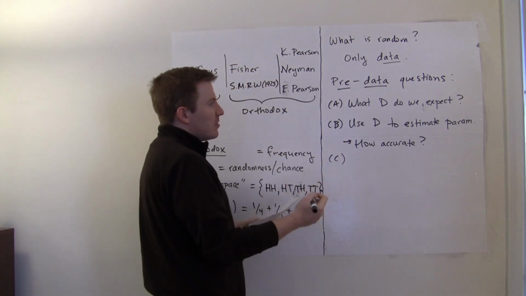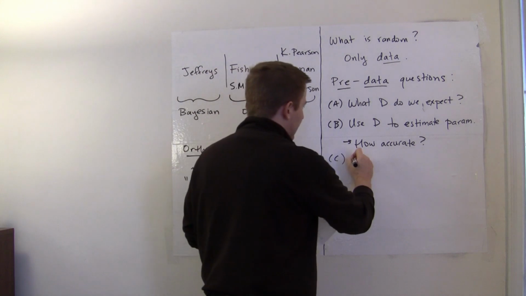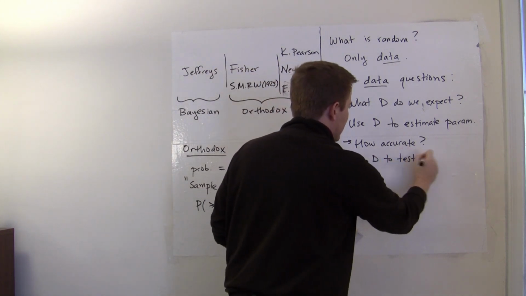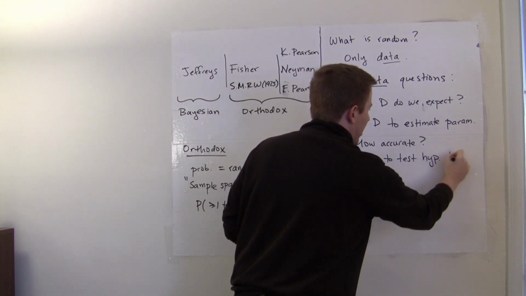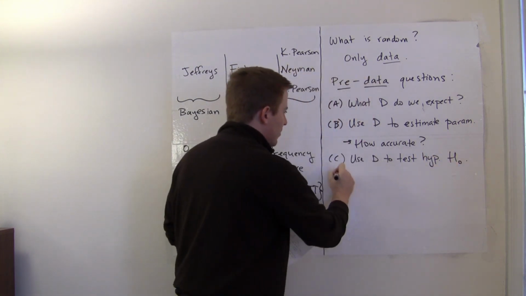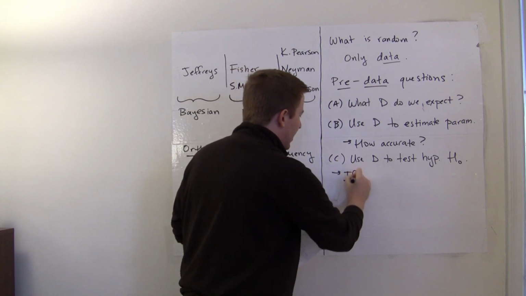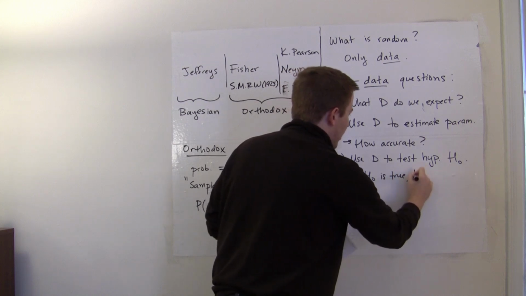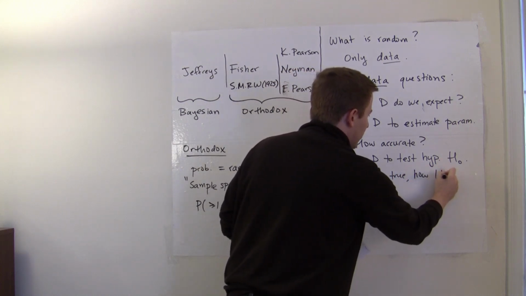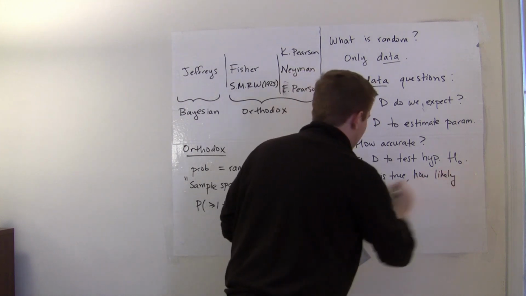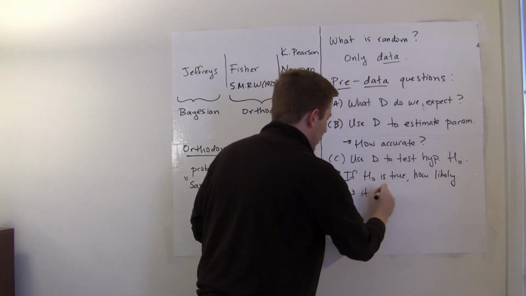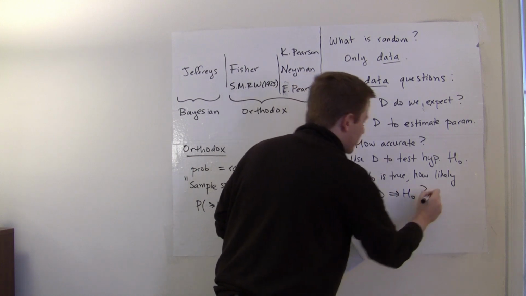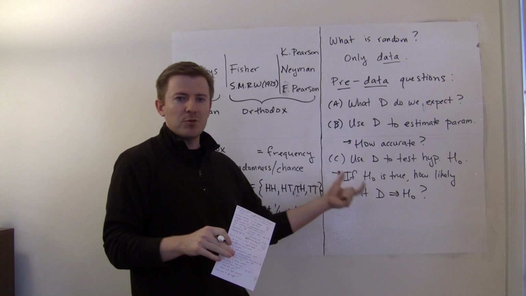And a similar version of that, or just a twist on that, would be, let's say we use the data to test a hypothesis. Okay, let's just call that hypothesis H0. The question might be, if it is the case that H0 is true, how likely is it that the data will confirm that the hypothesis is true, or lead us to accept the truth of the hypothesis?